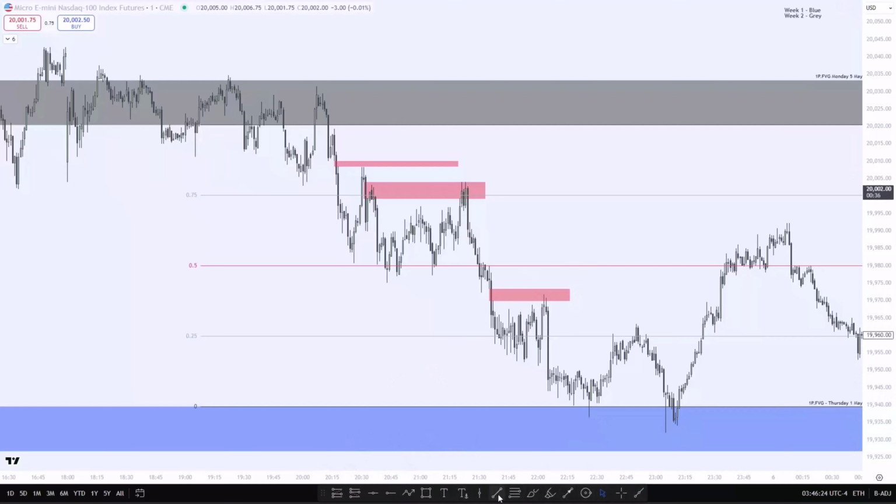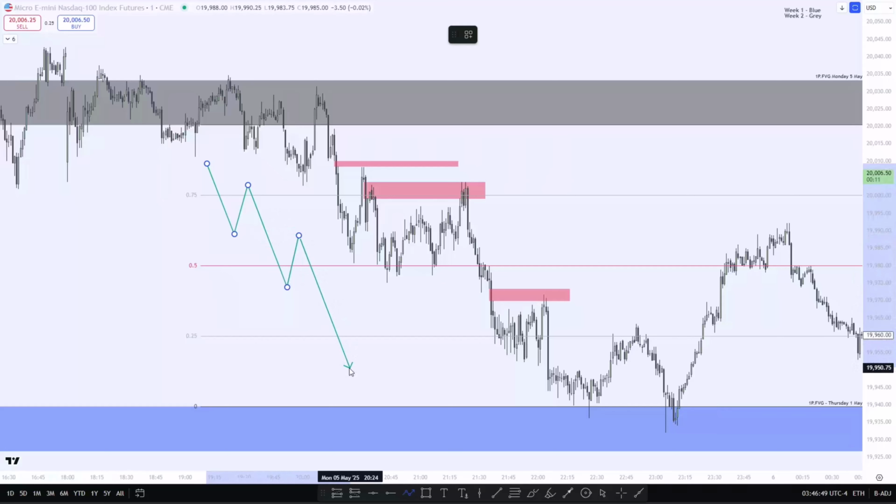Okay, so let me illustrate with an arrow here. Price is going to travel from first quadrant to the second. It's going to refer back to the first, where there is a premium array, some sort of a CB. Then it's going to go down below equilibrium, back up, another CB here. Then it's going to go down to the last quadrant.